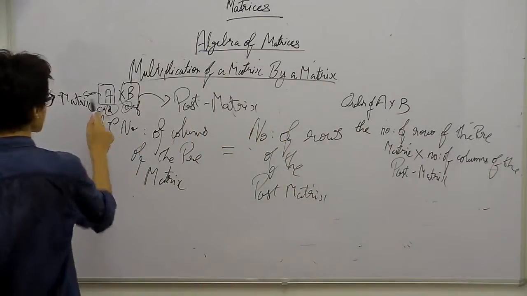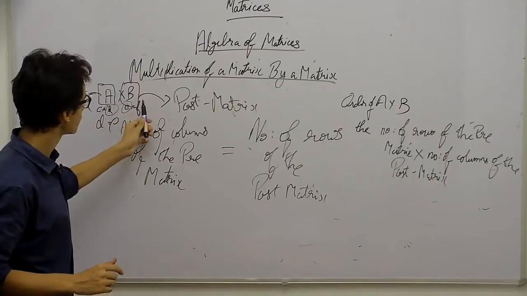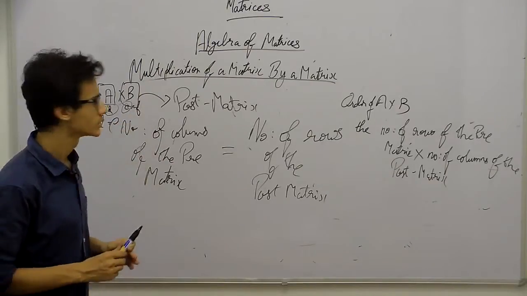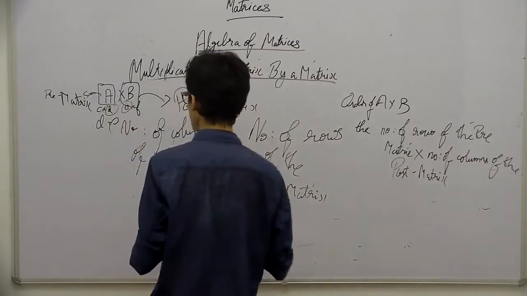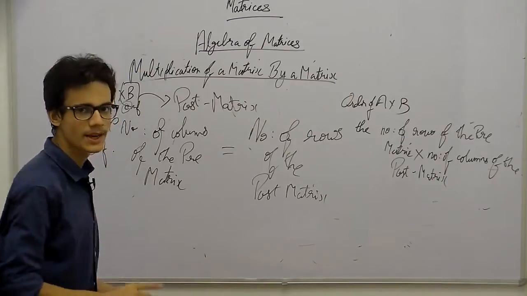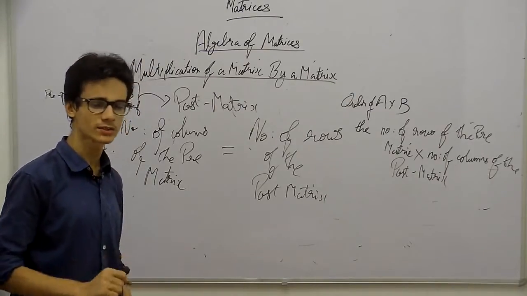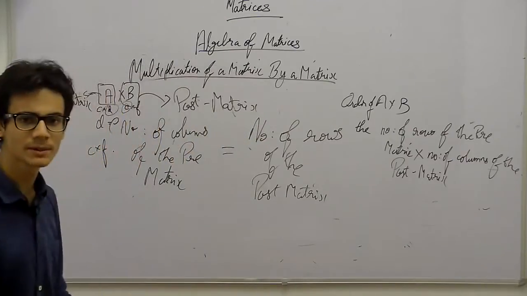For this case, the number of rows of the pre-matrix is C, and the number of columns of the post-matrix is F. So the order of A into B in this case will be C by F. That's how we find the order of the product of two matrices. Now let's talk about some properties of multiplication of matrices.